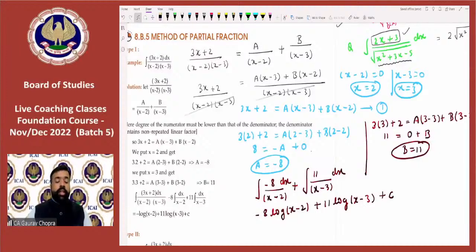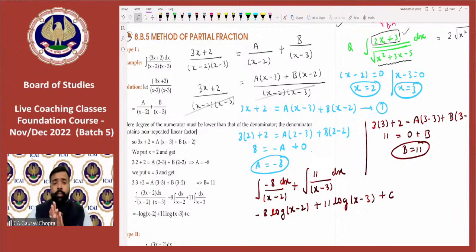Whenever the power of the numerator is less as compared to the denominator, then we can use this partial fraction method. For using this, we have to split them into two parts. So we have written a and b. In case of 3, we can insert c as well. Then after that, we can take LCM and cancel out the denominator on both sides.